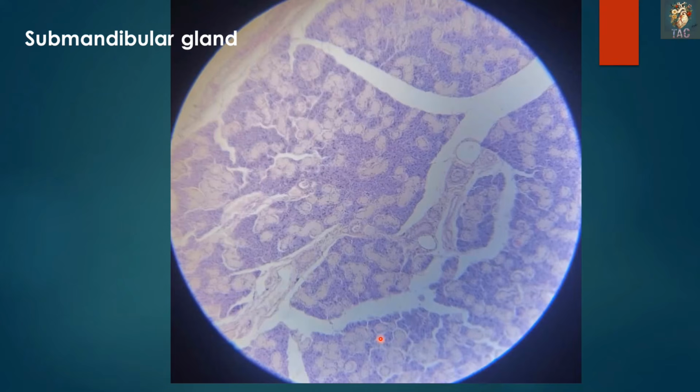In this slide there are a large number of serous acini as well, which are either solitary acini or in the form of demilunes. So this is one of the mixed salivary glands, the submandibular.